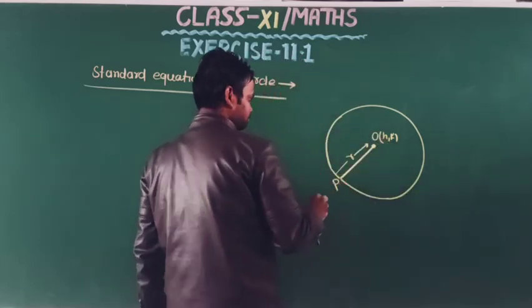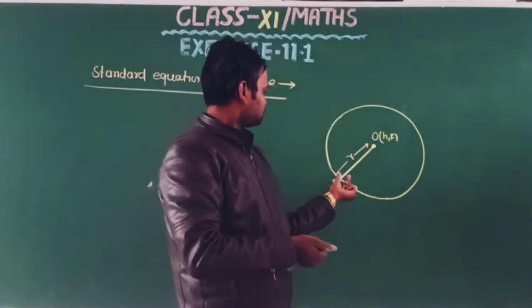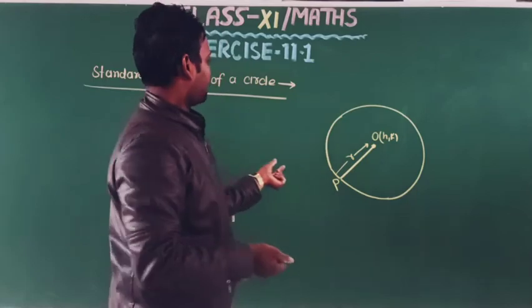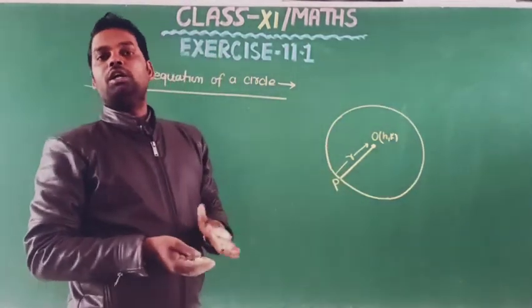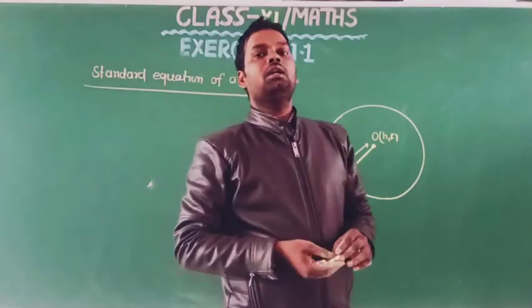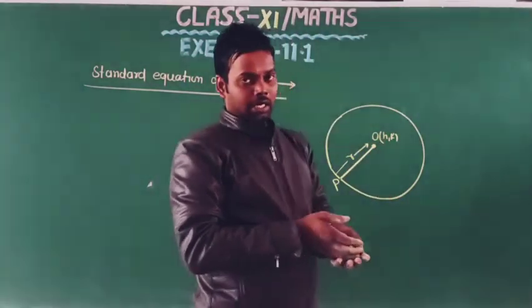So we will find the equation of the circle with center h comma k and radius r.